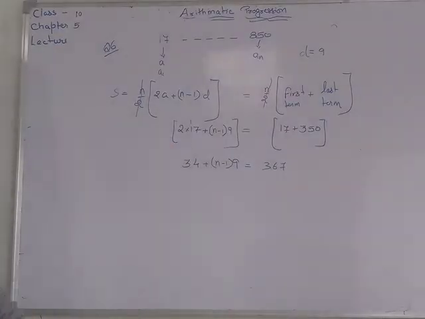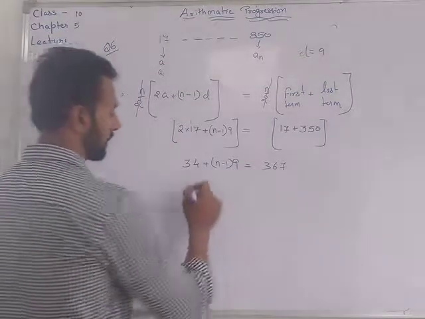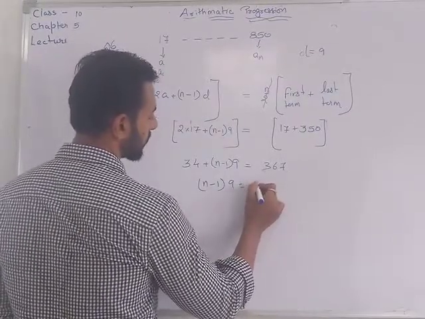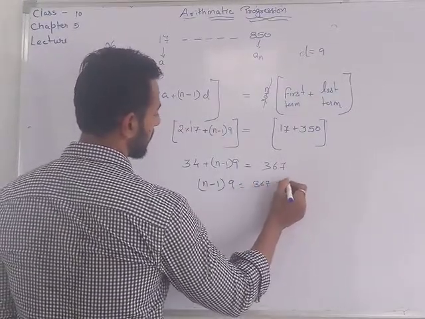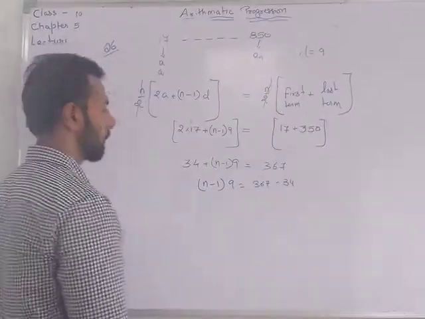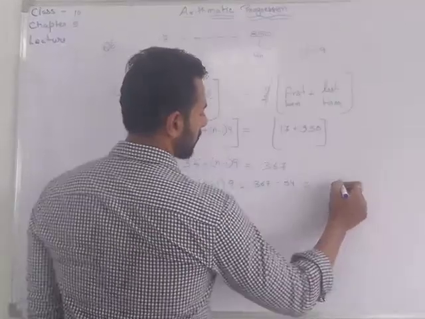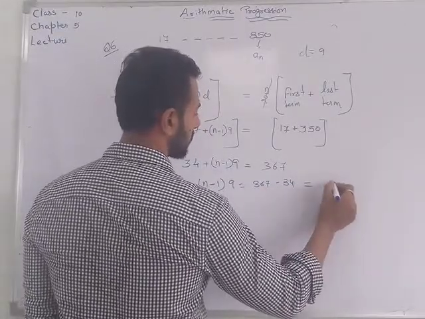Now taking 34 to the right hand side, n minus 1 into 9 is equal to 367 minus 34, which is equal to 333.